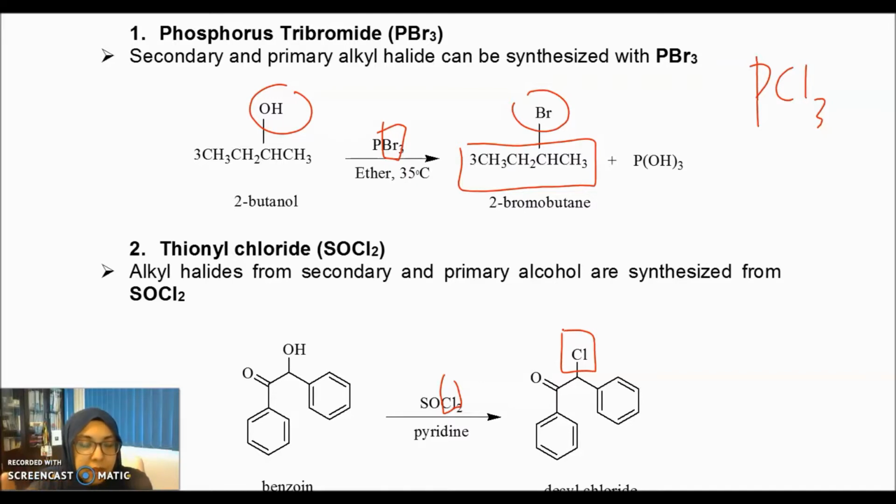Whatever compound we throw at you, reaction will only occur at the functional group related to the reactant. Over here we have C double bond O, but SOCl2 doesn't react with C double bond O. Therefore, the final product is this one only.